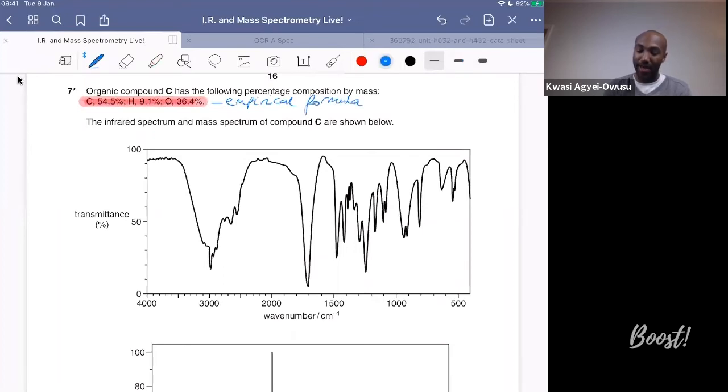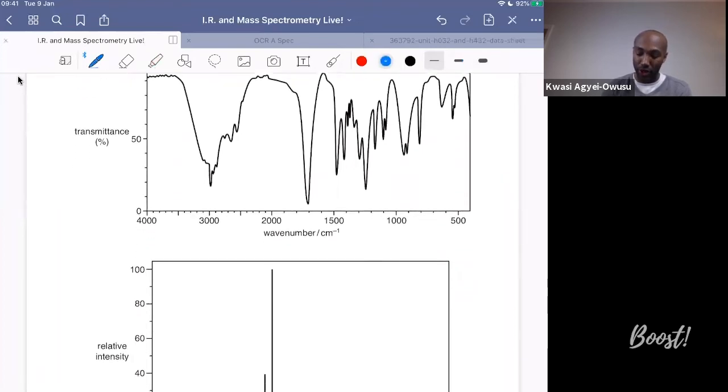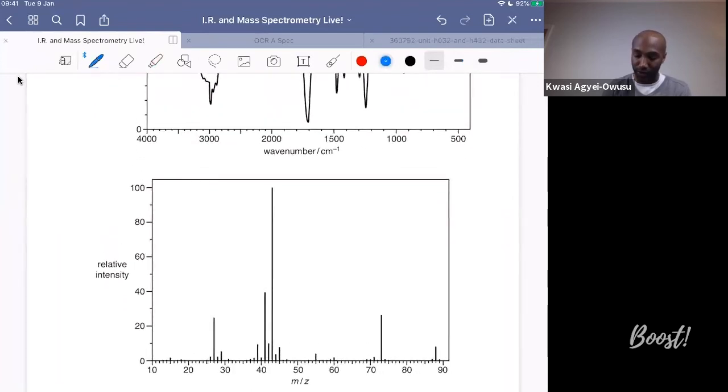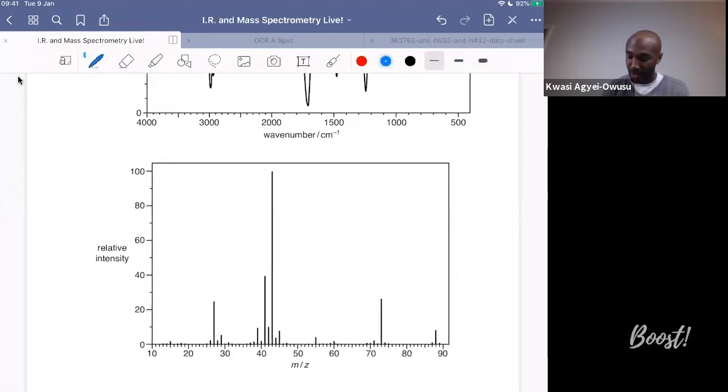If we go down to the second of the two spectra we've been given, we can identify the largest M over Z value, the one furthest to the right, and we can also identify that little signal just one M over Z value away from it.